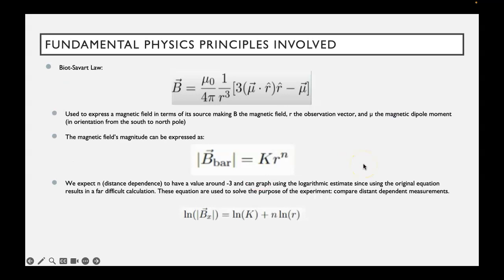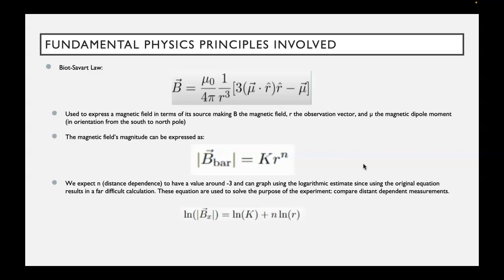Some of the fundamental physics principles that we used within this lab was the Biot-Savart law, which is used to express a magnetic field in terms of its source, making B the magnetic field, r the observation vector, and μ the magnetic dipole moment from the south to the north pole.